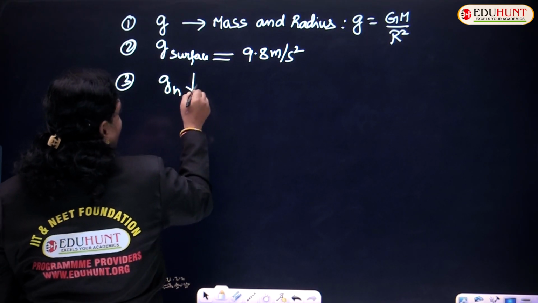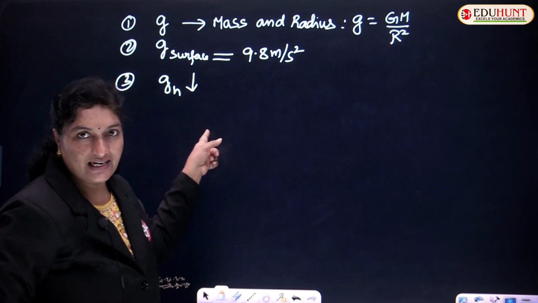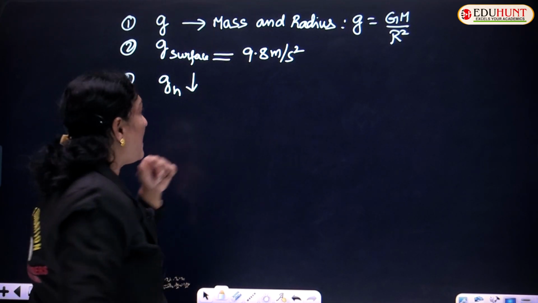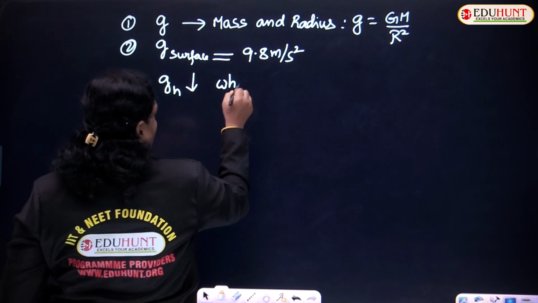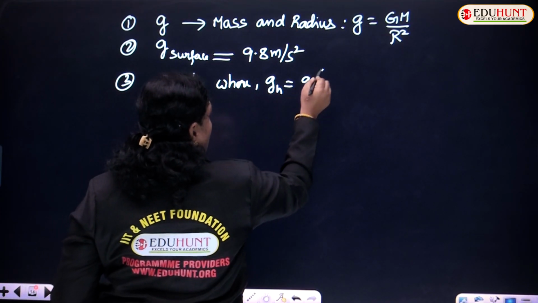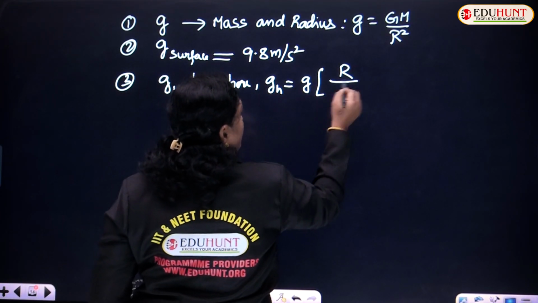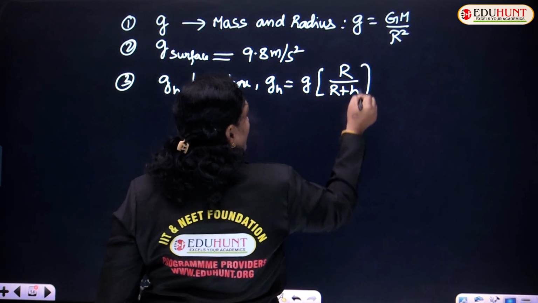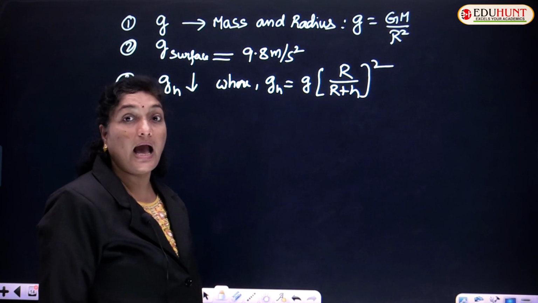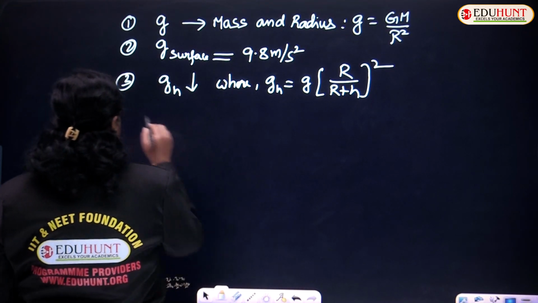The value of acceleration due to gravity decreases with respect to the altitude or height by a factor where the value of gh is equal to g times (r by r plus h) whole square.